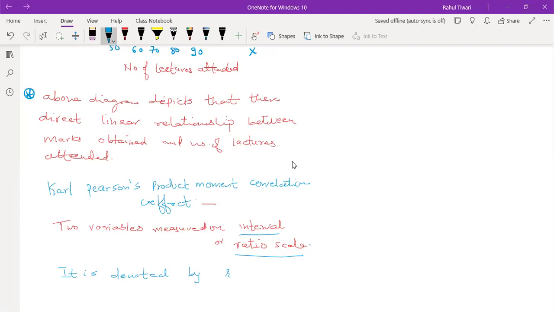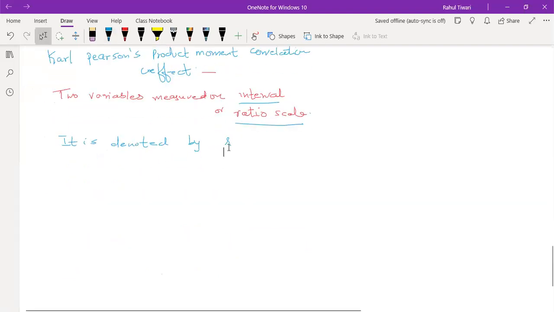Sometimes they write the correlation coefficient, sometimes they write the notation r. So r is equal to covariance of x, y upon standard deviation of x into standard deviation of y.